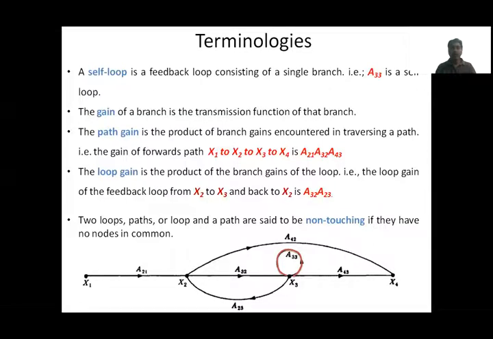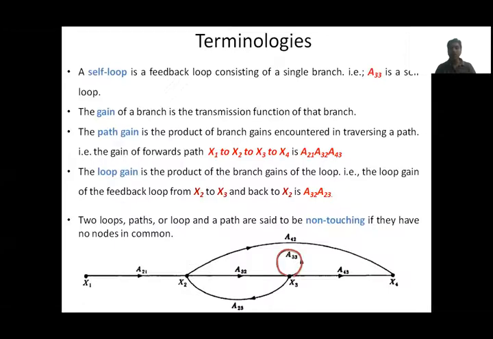And gain. What is the gain of a branch, also called the transmission function of a branch or a path? Gain is nothing but the value mentioned on that particular branch, called the gain term. For example, the gain of this self loop is A33.